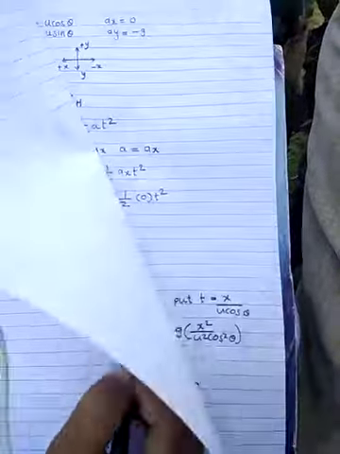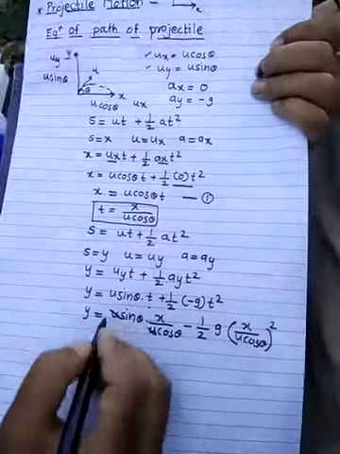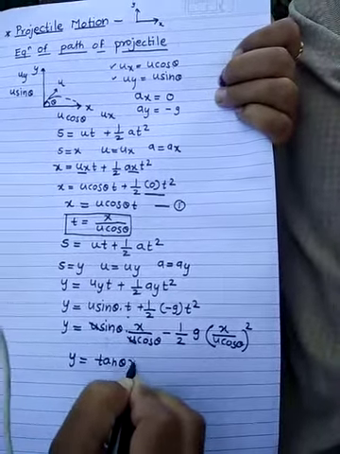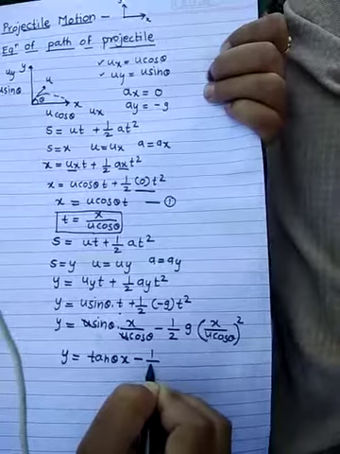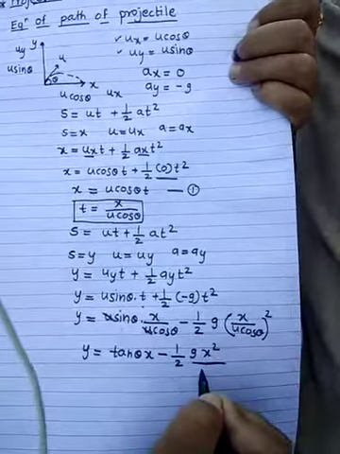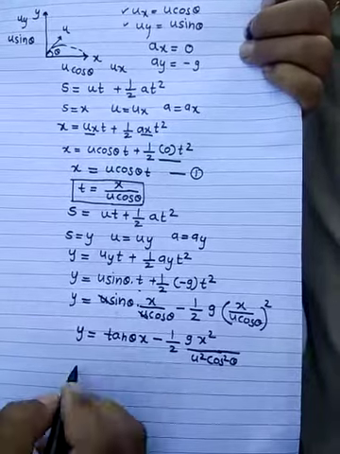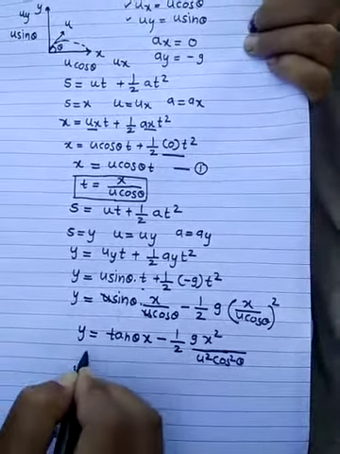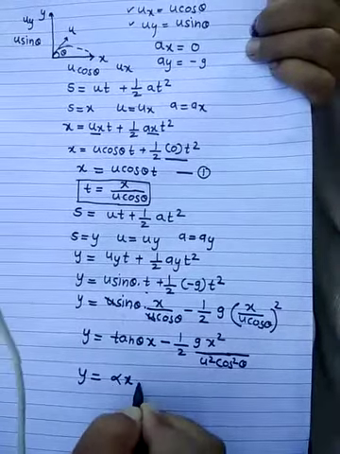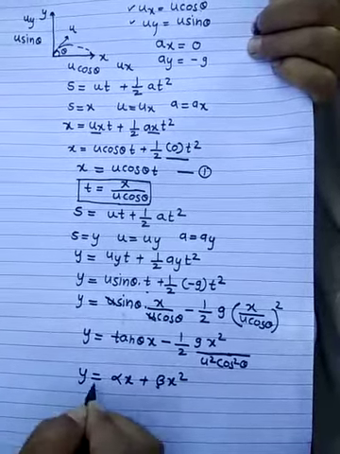You will observe here that u gets cancelled, and sin theta upon cos theta is tan theta. So y equals tan theta x minus half g x square upon u square cos square theta. We can write this equation like that also: y equals alpha x plus beta x square, and this is the equation of a parabola.